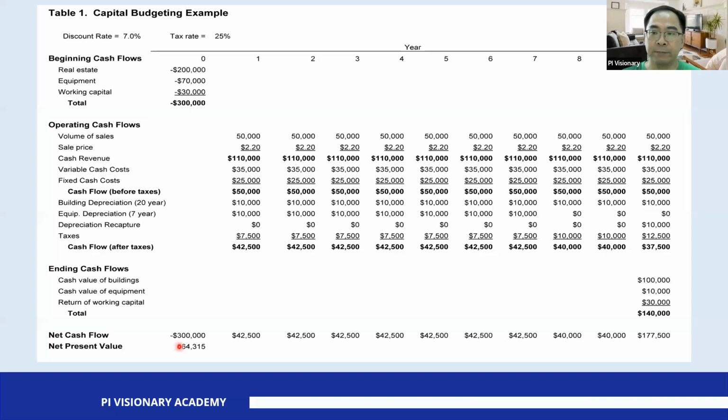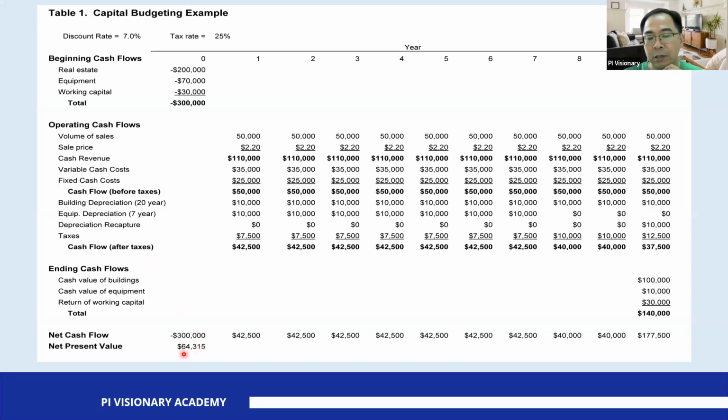So how to read this one? Again, I say, it is not for you to calculate. It is for you to interpret the meaning, apply the knowledge. If you see the net present value positive, which means that in the future 10 years, the cash received is higher than cash payout.